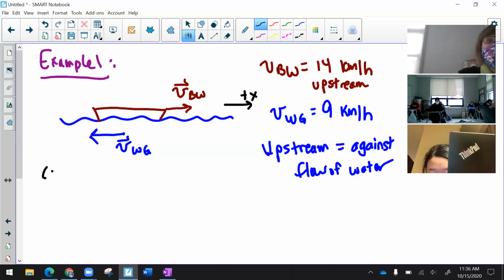So for my part A here, what am I trying to find? Okay, the velocity of the boat with respect to the ground. And it is important here to give it subscripts, a label that makes sense in the context of the problem.